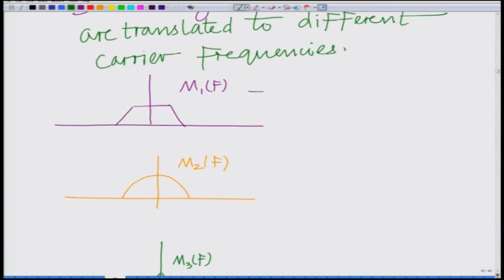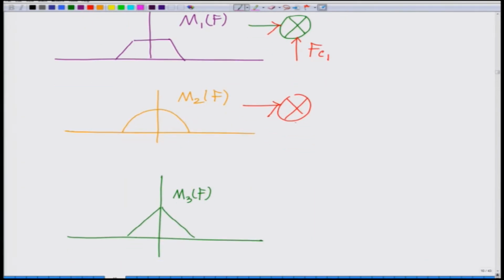Now, what I am going to do is I am going to take this signal, and translate it to carrier frequency FC1. Now, I am going to take this signal, and translate this to a different carrier frequency, let us say FC2.